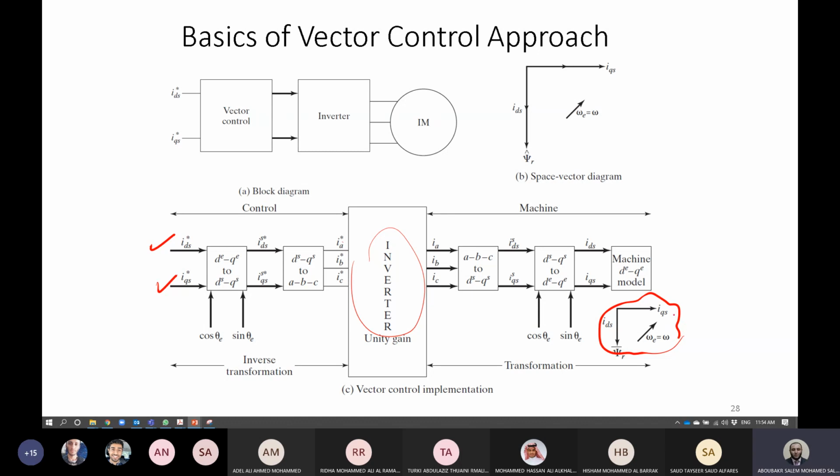So this is the way, shabab, we can use reference frames or transformations inside controllers. We sometimes need to apply them before the inverter control, and sometimes to observe or calculate some variables within the machine itself. So we can use many techniques or many transformations within the machine according to the needed control. This is, by the way, called vector control implementation.